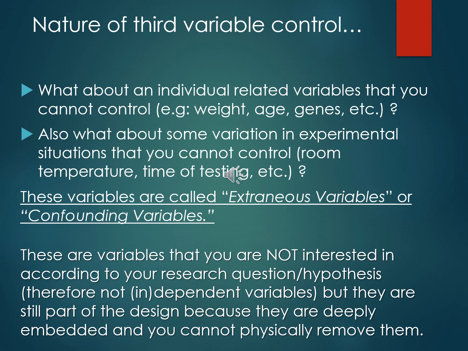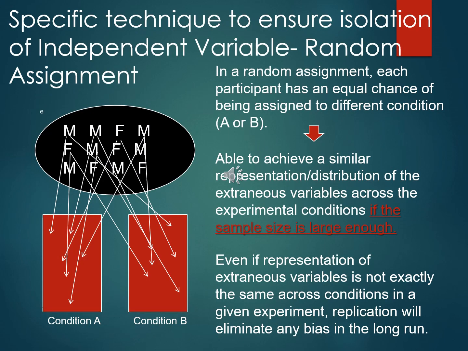The larger the suspected effect of extraneous variables, the poorer the internal validity. Because internal validity is the extent to which you believe that the results of your experiment are caused only by the manipulation of the independent variable, which is your hypothesized cause.